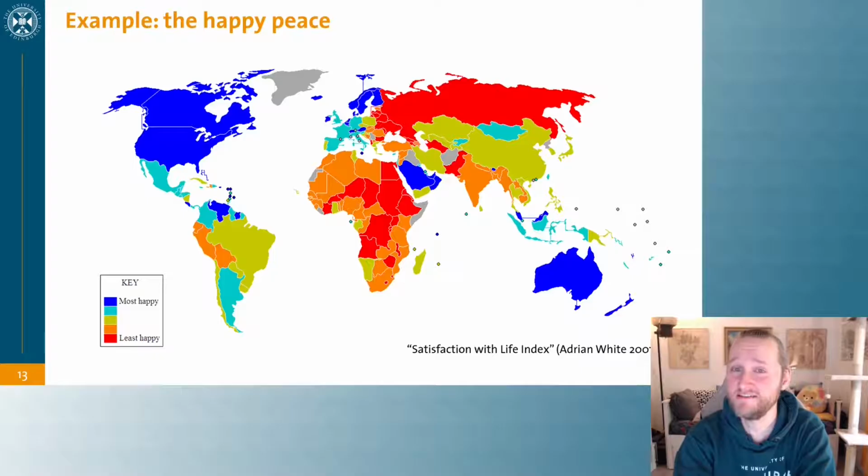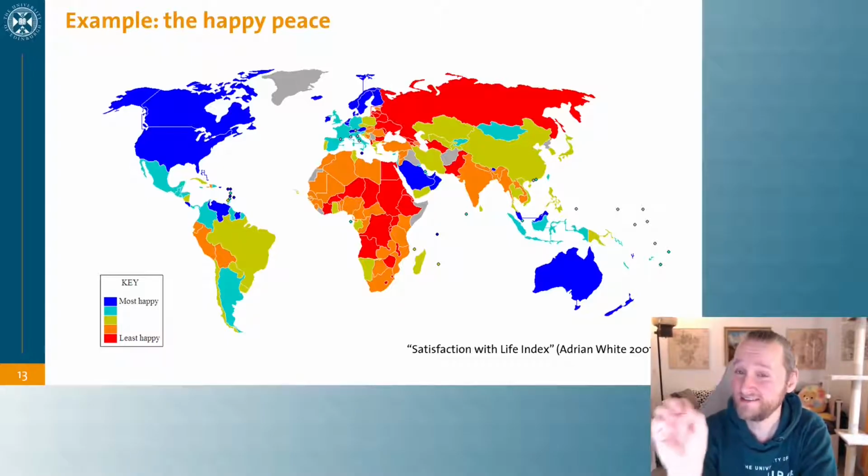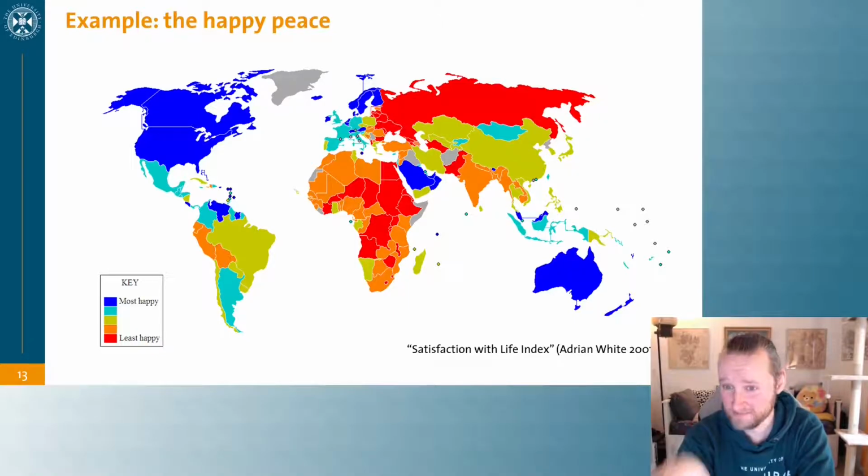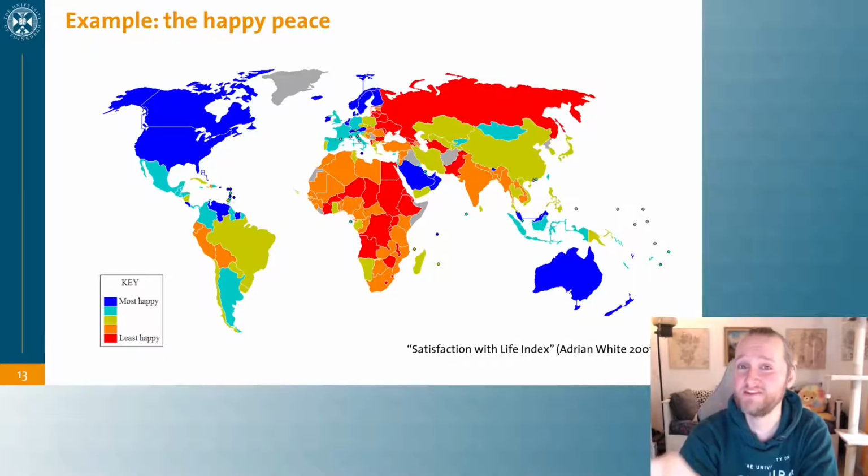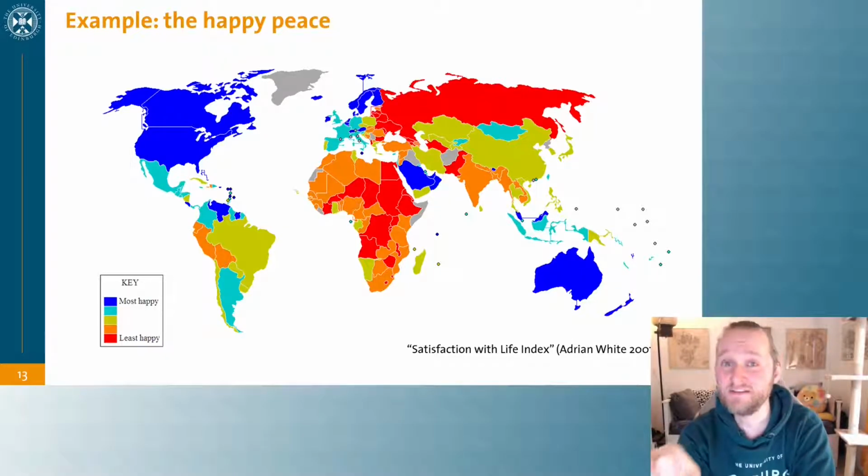So this actually does include studies that ask people in those countries, how happy are you with your life? And if we see a world map of happiness here, where are people happy and where are people unhappy, we do see that there seems to be a good bit of correlation between where people are happy and regions where we know that states tend to be fragile and unstable.